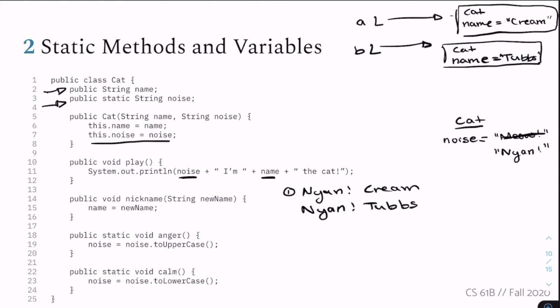Okay, so we've done that, and now what we're going to do is we're going to call cat.anger. And what does cat.anger do? Well, it calls this static function, and it's static, which means we're allowed to call it on just cat. And what it does, it sets the noise to uppercase. So we're going to do that. Great.